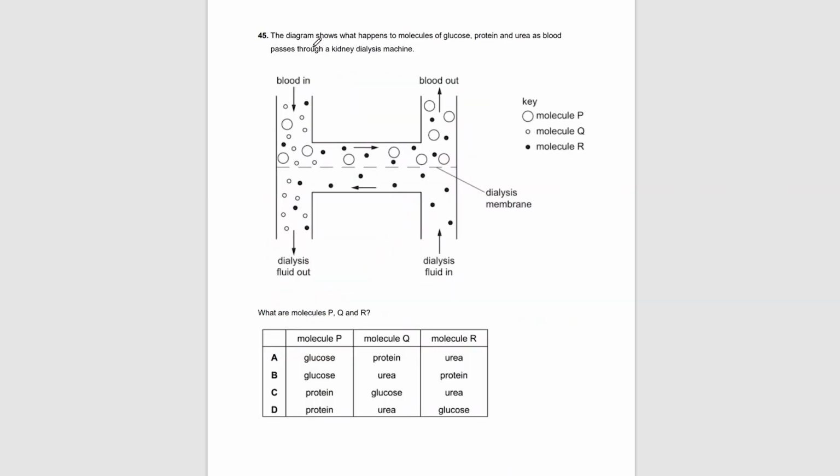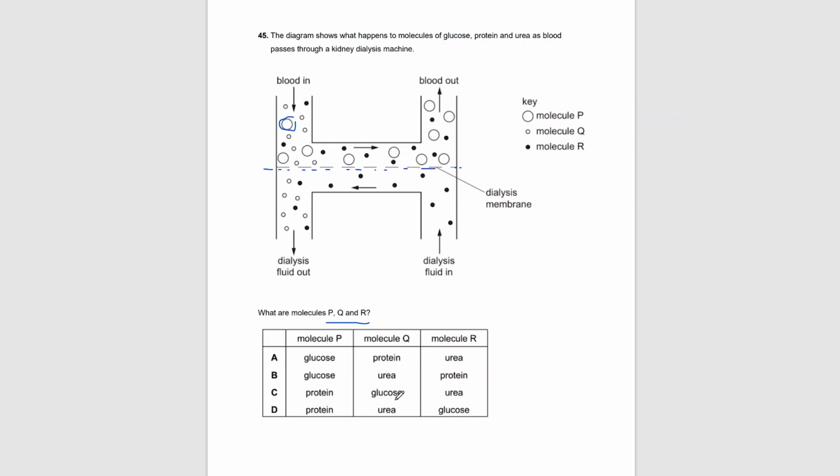Question 45. The diagram shows what happens to the molecules of glucose, protein, and urea as blood passes through a kidney dialysis machine. What are the molecules P, Q, and R? This is a partially permeable membrane, the boundary where the exchange takes place. We can see these large molecules do not pass this boundary, which means they are large and cannot pass through these small gaps.